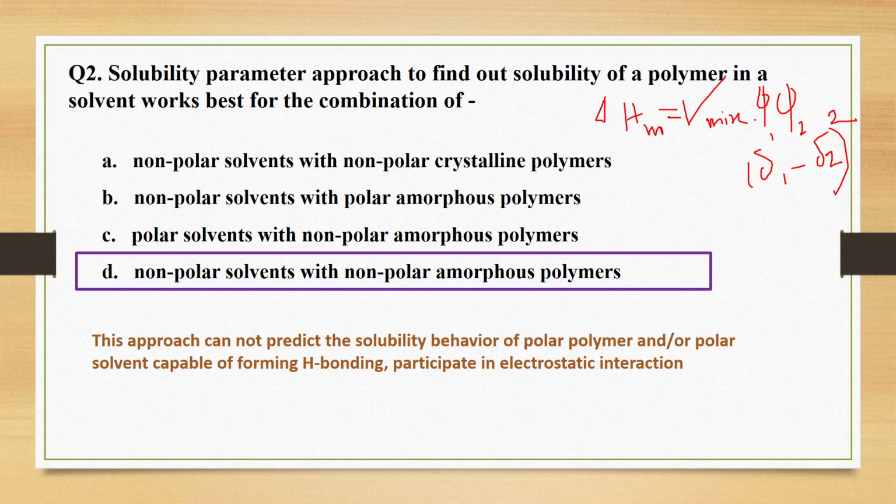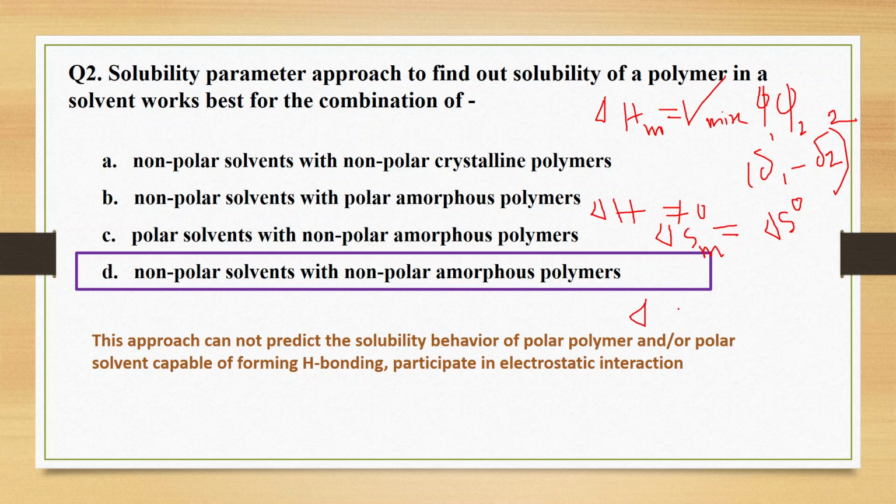Now clearly during the approximation it was stated that delta H is not equal to 0, but the delta S mixing value is equal to the ideal delta S mixing. So this was the condition where we took the Hildebrand equation.